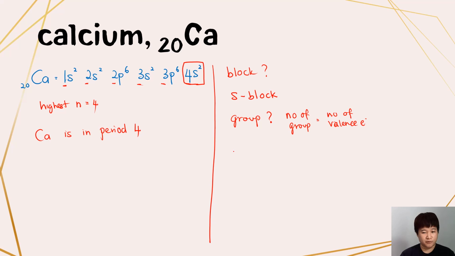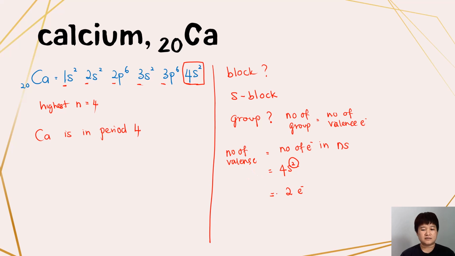For the s block, the number of valence electrons will be equal to the number of electrons in ns. The last s that we have is 4s2, so we have 2 electrons in the 4s.